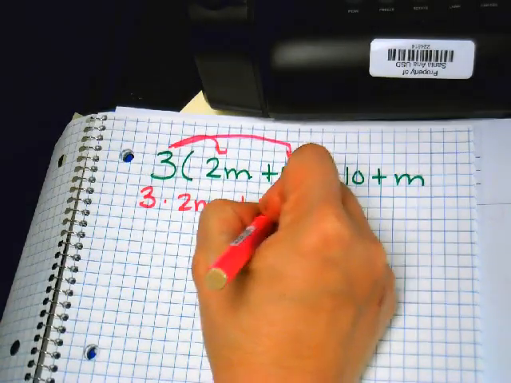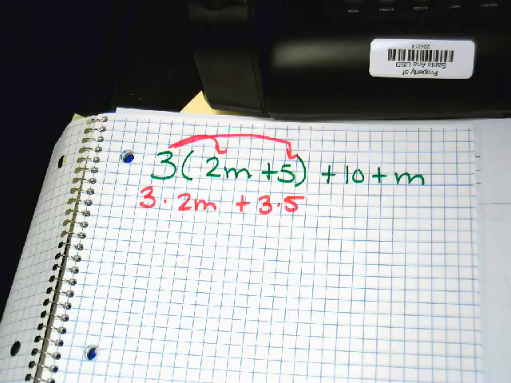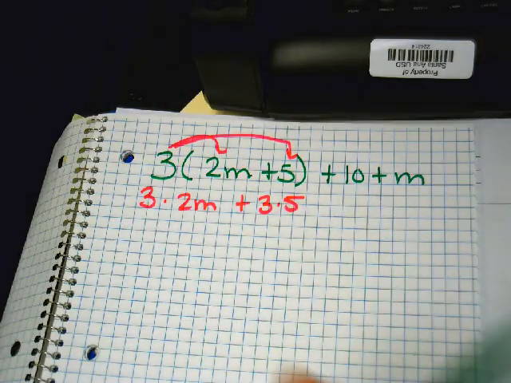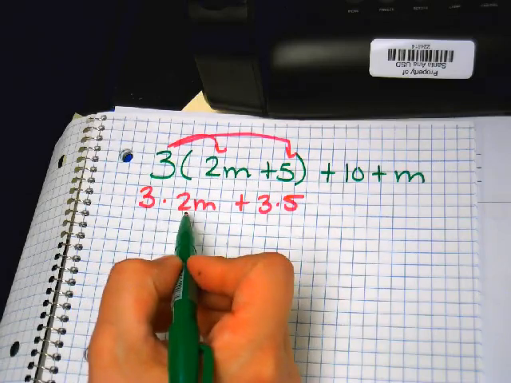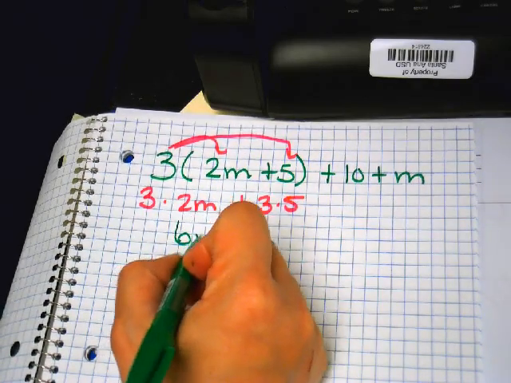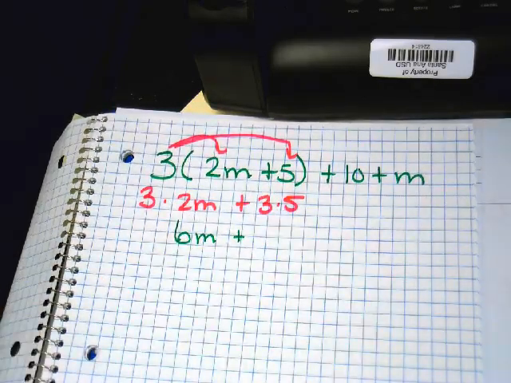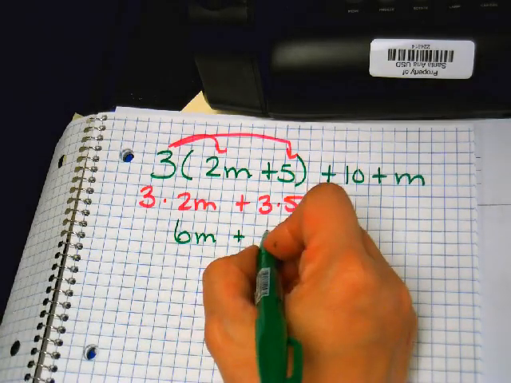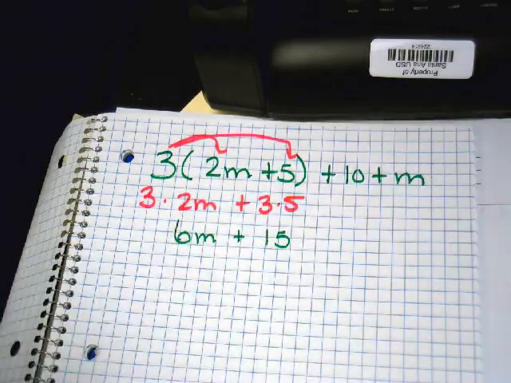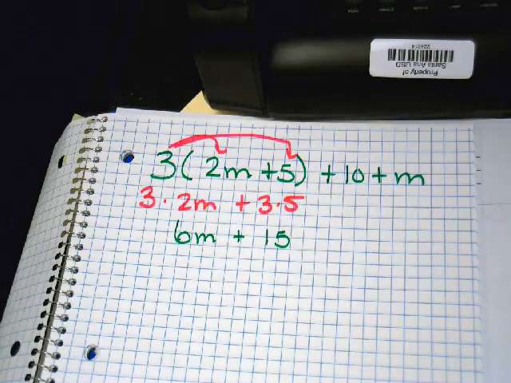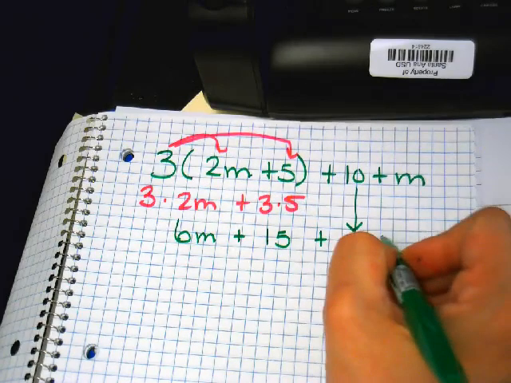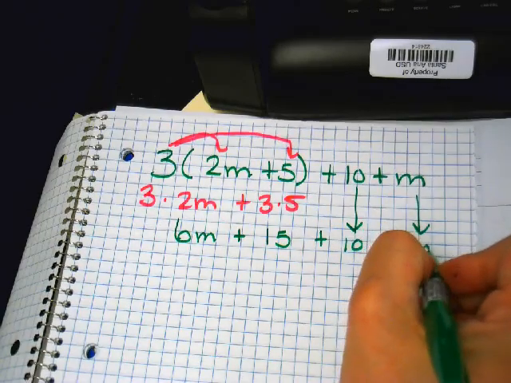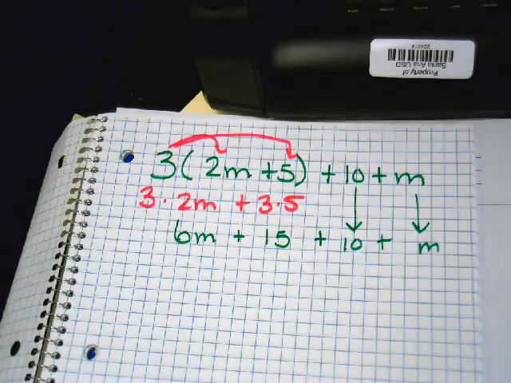What's 3 times 2m? 6m. 6m plus 15, correct. If you need to look at your multiplication table for 3 times 5, do it. 15. Plus, bring down 10 and then bring down the plus m. Now I have a trick question.